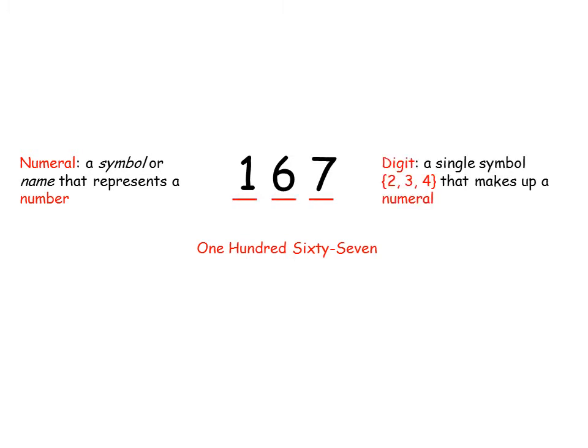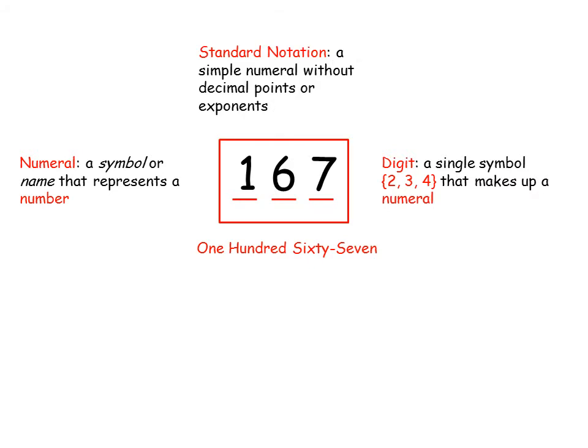And that numeral is made up of single digits: digit 1, digit 6, digit 7. A total of 3 digits makes up the numeral 167. The numeral 167 is in standard notation. Standard notation is a simple numeral with no decimal points or exponents.